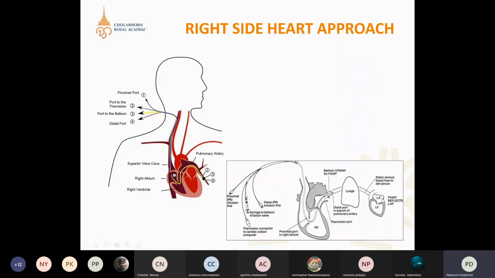We use this because we don't want to do an interatrial puncture to approach the left atrium. So we can estimate the LA pressure from doing this, if the patient has no lung diseases. Okay.